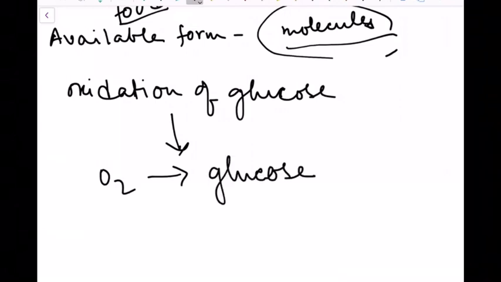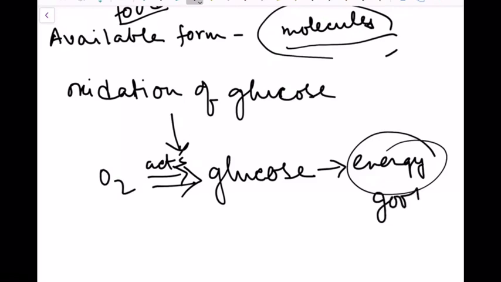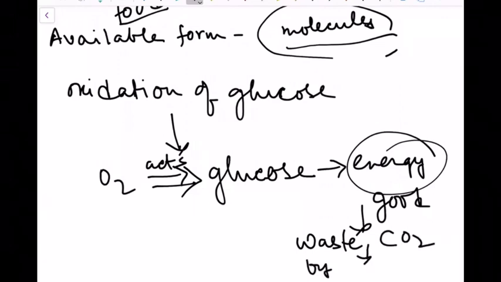When oxygen acts on glucose, that is called oxidation of glucose. And when oxygen acts on glucose, it gives out energy. And energy is the good thing. But there is a waste product, that is carbon dioxide, and there is one byproduct, that is water.